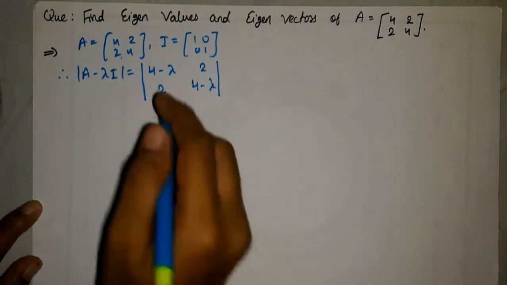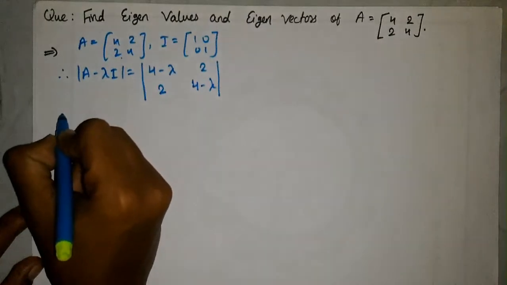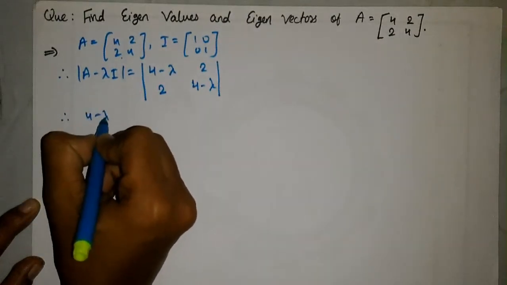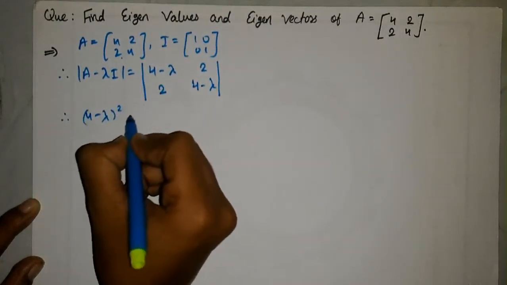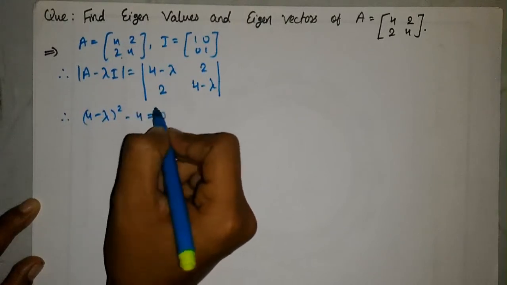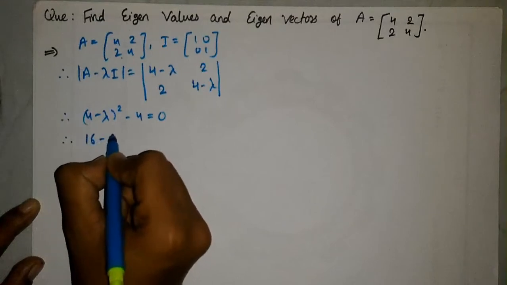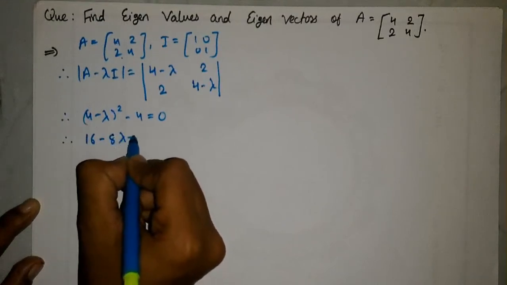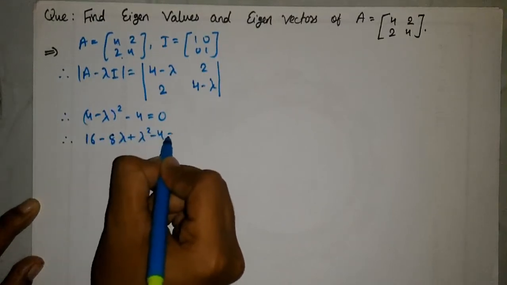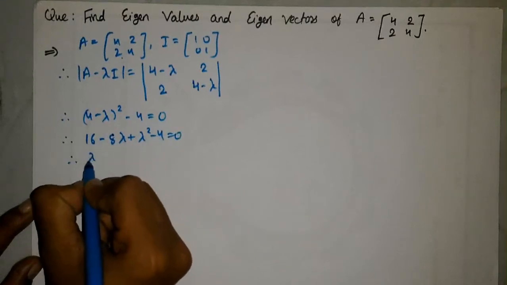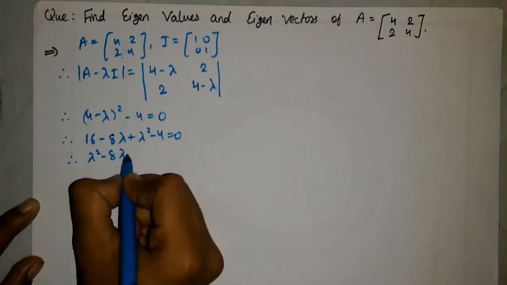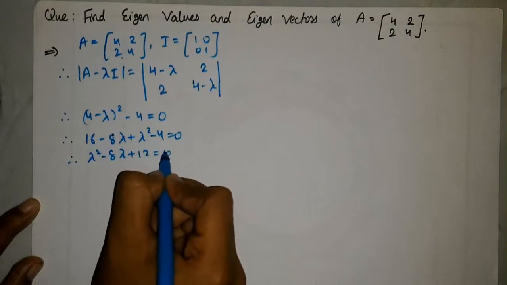Now let's solve this determinant. This will be (4 minus lambda) whole square minus 4 is equal to 0. Solving this, we get 16 minus 8 lambda plus lambda square minus 4 is equal to 0. Therefore, lambda square minus 8 lambda plus 12 is equal to 0.